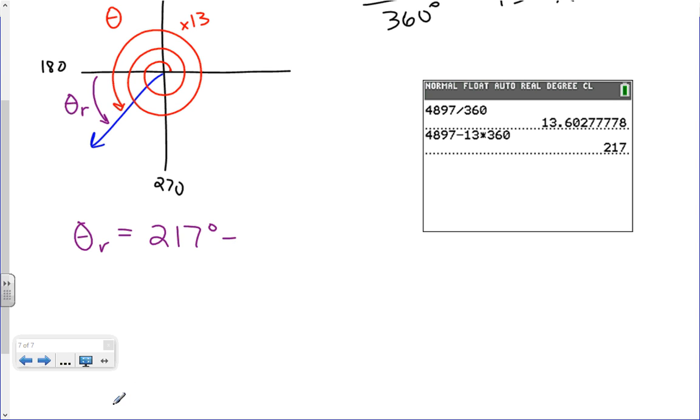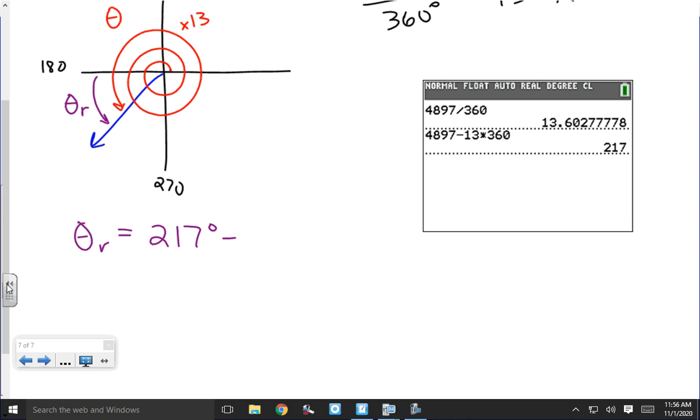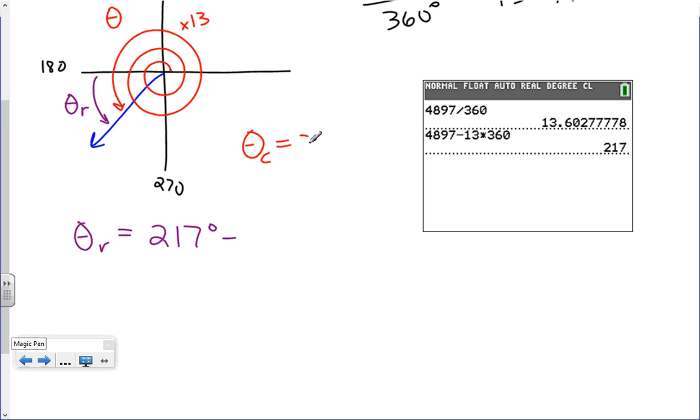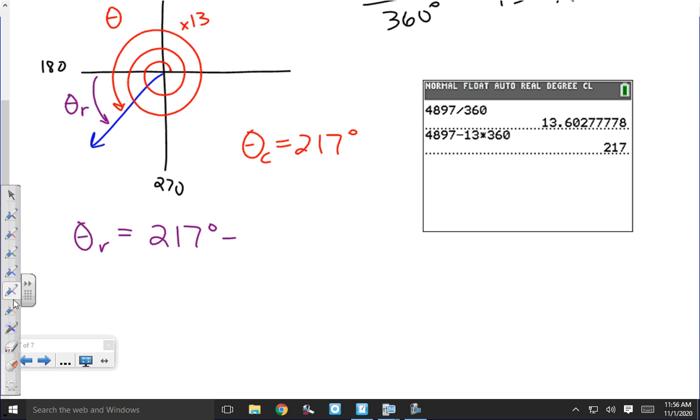By the way, what we found there is that 217 degrees is a coterminal angle. Maybe we should write that down. Theta sub c is equal to 217 degrees. In our equation there, if you let n be negative 13, we'd get 217 as a result. So that's what we're working with here, the coterminal angle that's between 0 and 360.